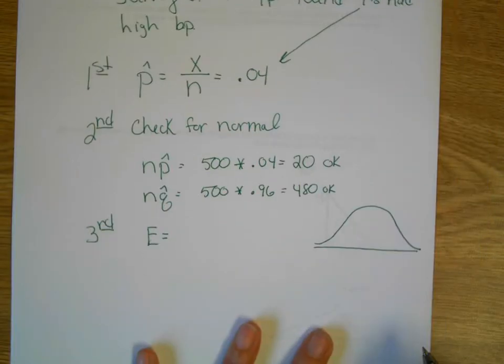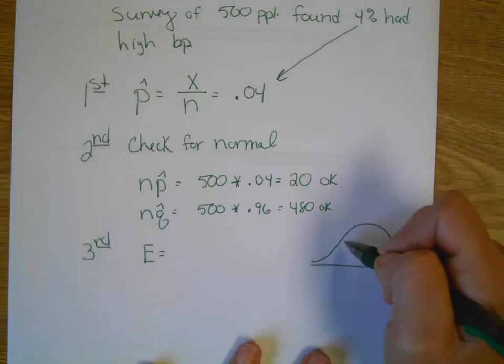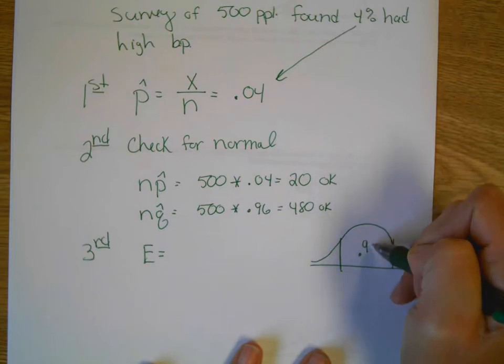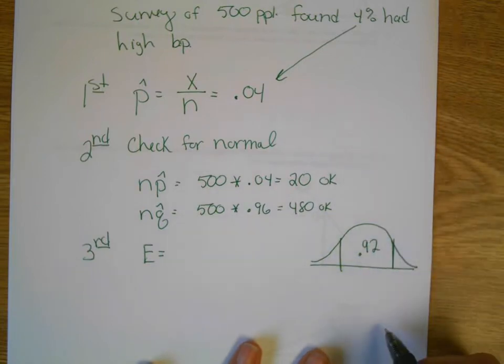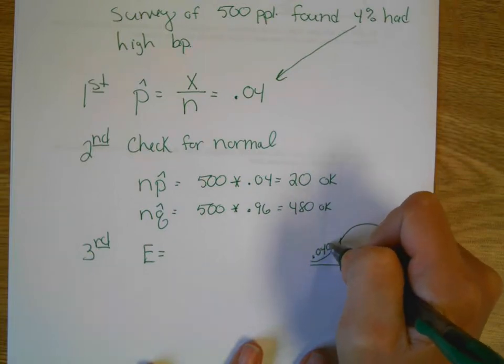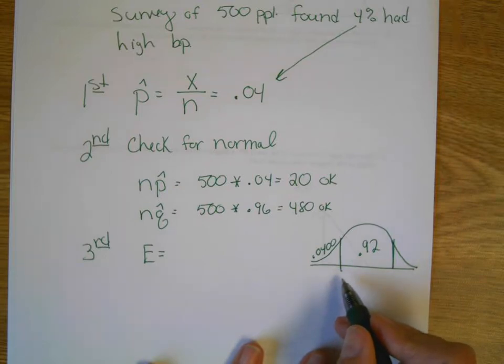Remember what we're finding: the middle 92% of our population. So we put 92 in the middle. So you find 0.0400 on your table, or the closest thing to it, and then it's going to be that positive value.